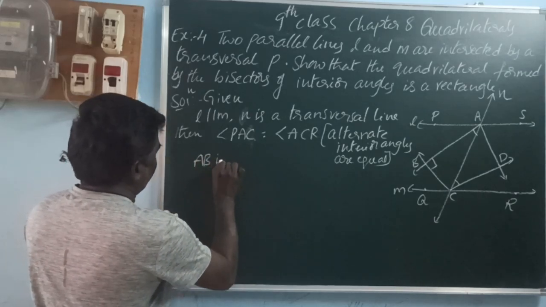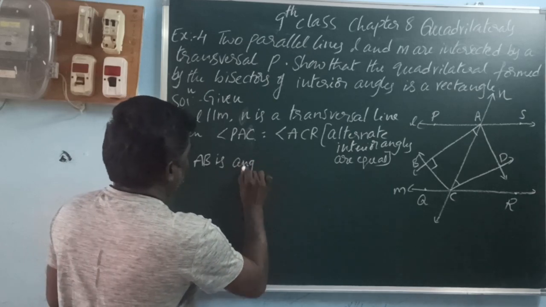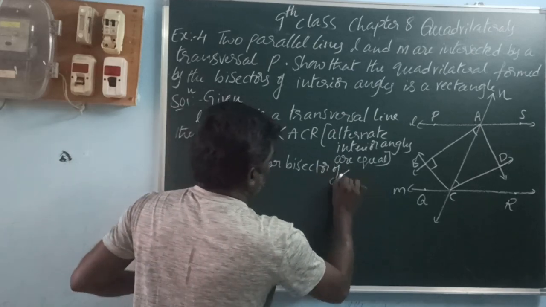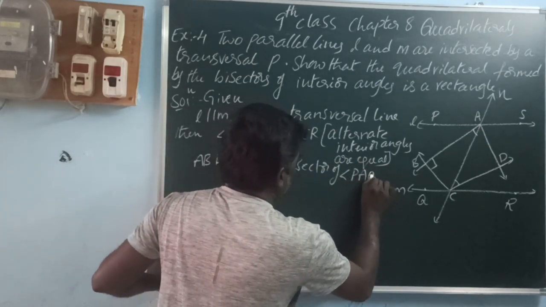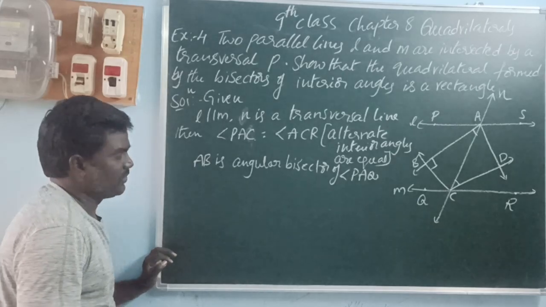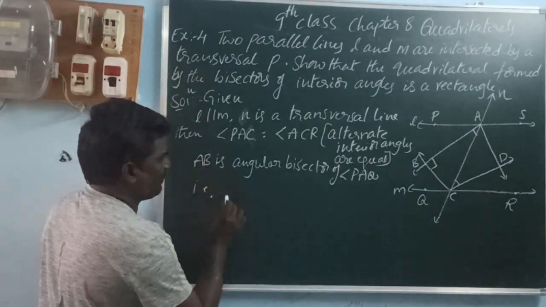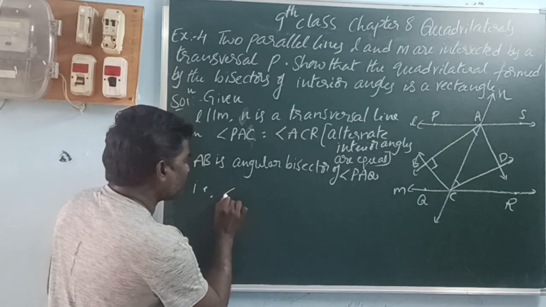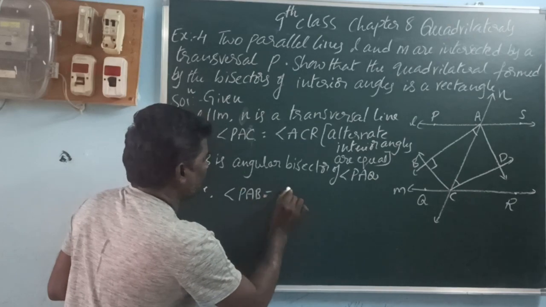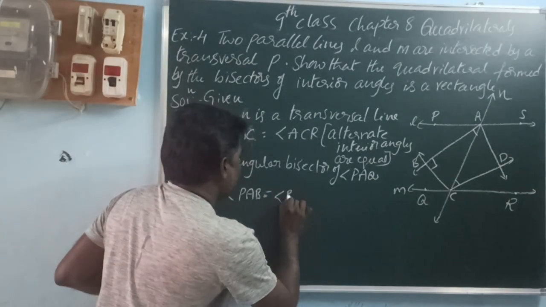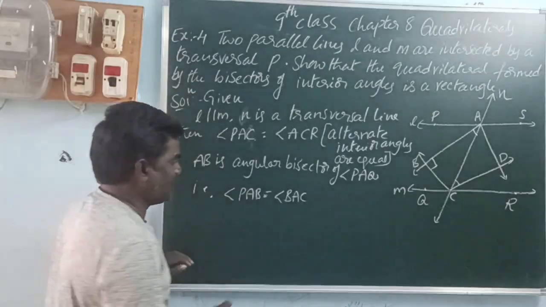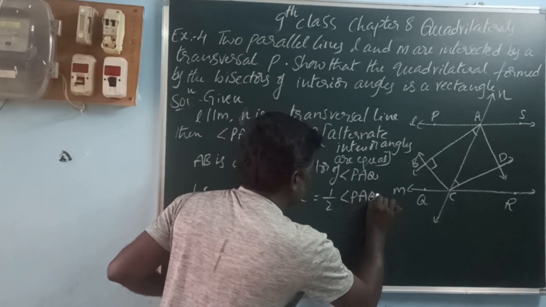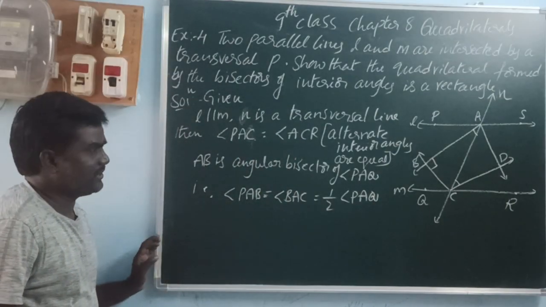So AB is the angular bisector of angle PAQ. That is, angle PAB is equal to angle BAC, which is half of angle PAQ.